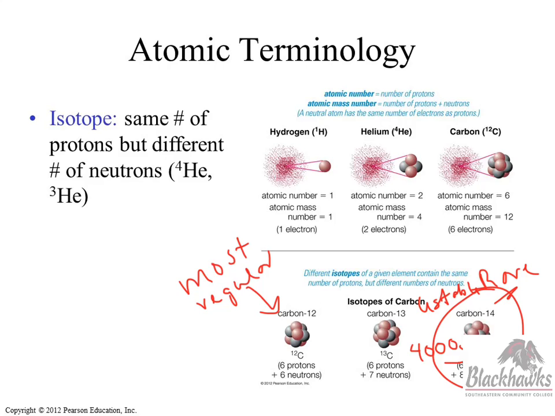I just think that's funny. So if you had 10 atoms of carbon-14, you give it 4,000 years, and you'll have 5 atoms of carbon-14. The other 5 will have broken down into something else. It's called half-life. But it's unstable. I just think that's so funny.